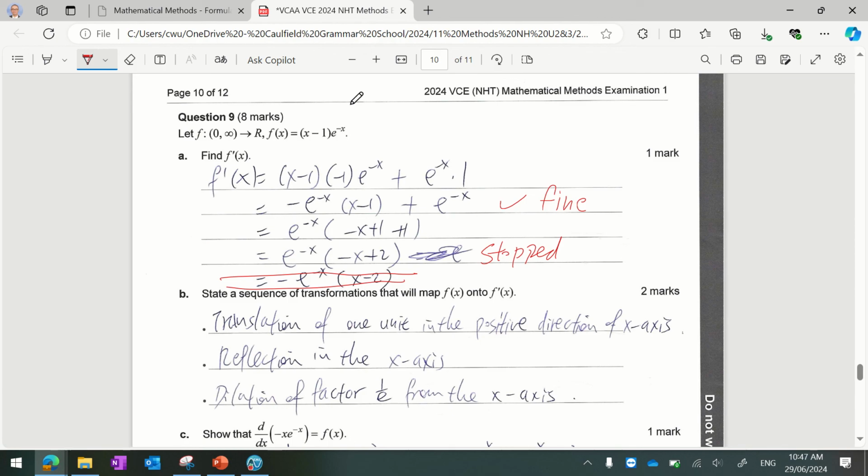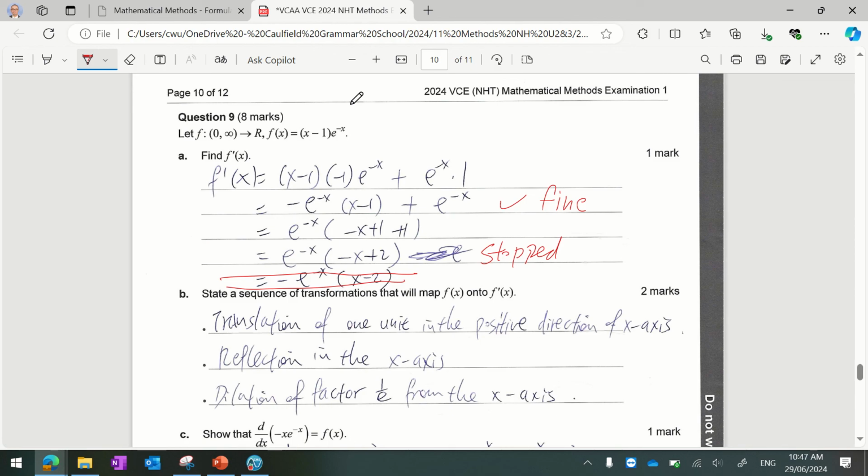I'm transforming f to make f dash, so somehow I need to make f dash look like f to make my job easier, to see the transformation better. So if one function is factorized and the other function is expanded, it is very difficult to make them look alike, therefore very difficult to spot the transformation. So that's the first insight.